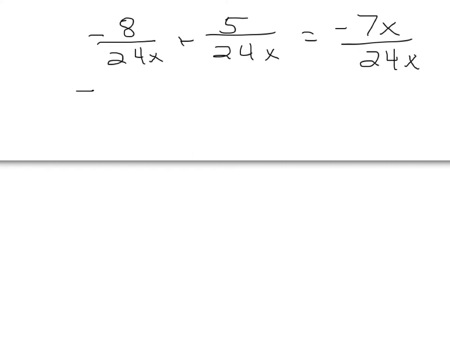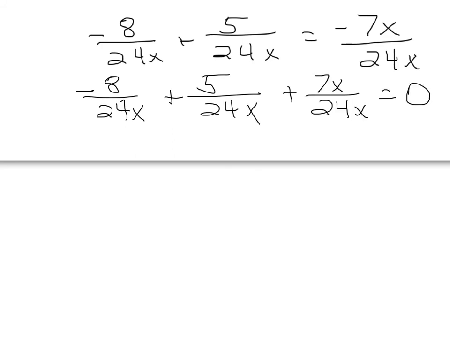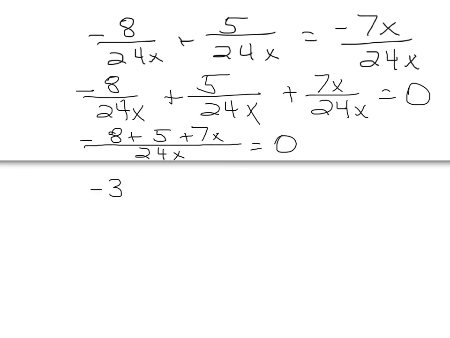So let's add that to both sides. So now we have something equal to 0. We combine our numerators, and then we add together our like terms, and we get negative 3 plus 7x in the numerator, 24x in the denominator equals 0.